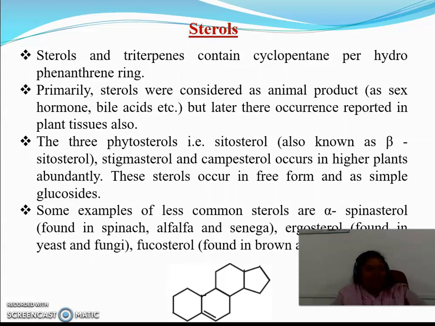These sterols occur either in a free form or as simple glycosides. Some examples of these sterols are alpha-spinasterol, which is found in spinach, alfalfa and senega. Ergosterol, which is found in fungi and yeast. Fucosterol, which is found in brown algae and coconut.